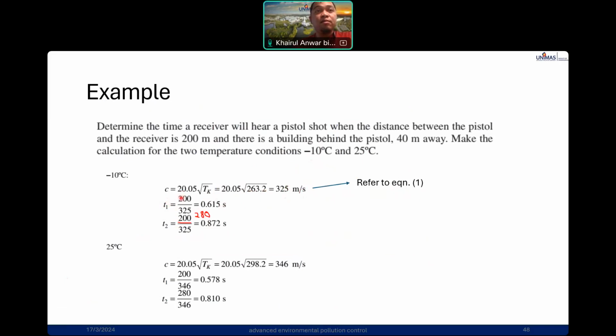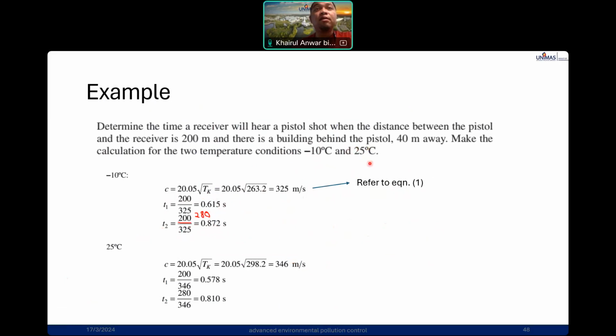So for this case, 200 meters directly, T1, divided by the speed of sound. The receiver will hear the sound in 0.615 seconds. And for the second sound, the one reflecting from 40 meters away, it is 0.872.